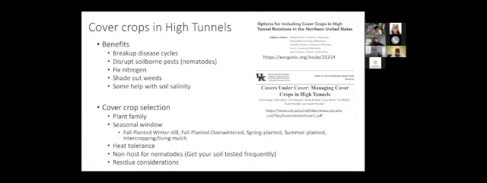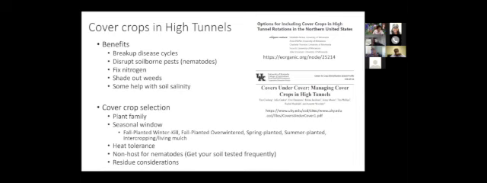And think about residue. In a field situation, people don't have to think about residue as much because you can get equipment in and really get out a lot of the residue. But in a high tunnel, especially when you're trying to go into a crop really quickly, this is going to be an issue, especially if you grow some of the bigger cover crops like sorghum Sudan grass. It could be an issue getting the residue out.